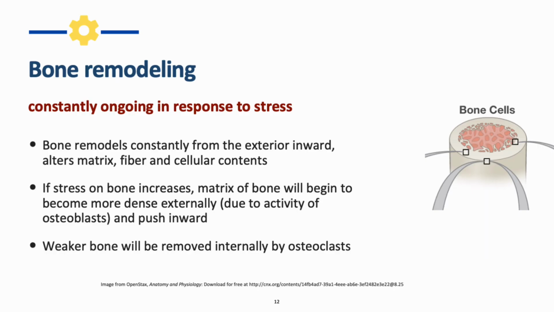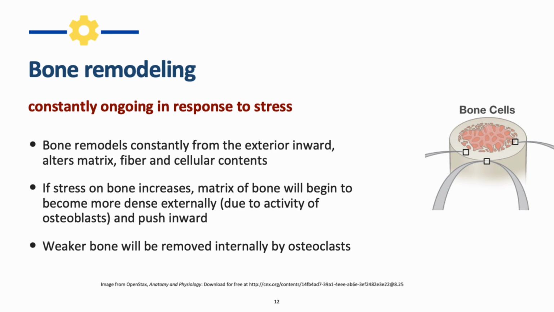Bone remodeling is the term that's used, that's ongoing all of the time in bone. So this is again, the constant replenishment of bone by the osteoblasts and destruction of bone matrix by the osteoclasts.